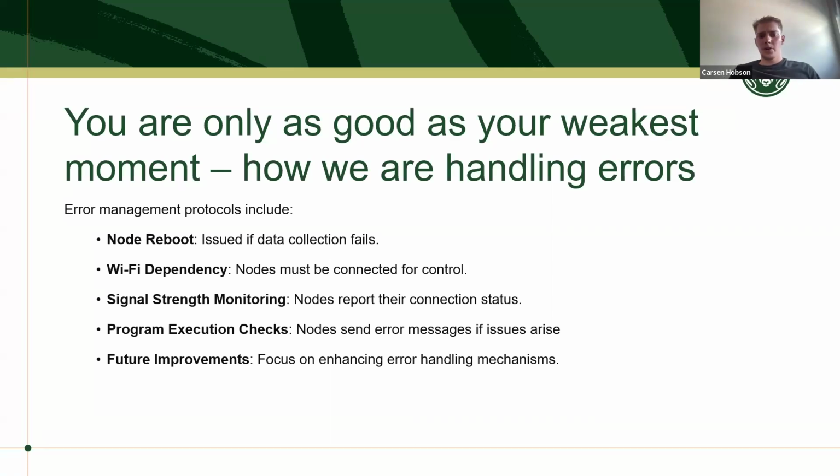And then there's also the nodes will send error messages over the MQTT if various issues arise, such as sensors. A lot of times will start throwing various errors. So it'll send those messages to the central hub, which we can then fix after finding out what the issue was.